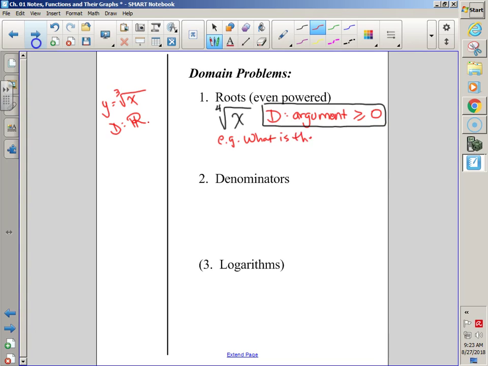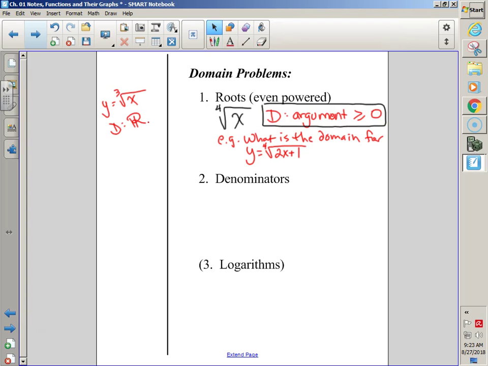What is the domain for y equals the fourth root of 2x plus 1? It's a little harder just on top of your head to be like, oh, when is that positive? Oh, when is that negative? But I just gave you the key.